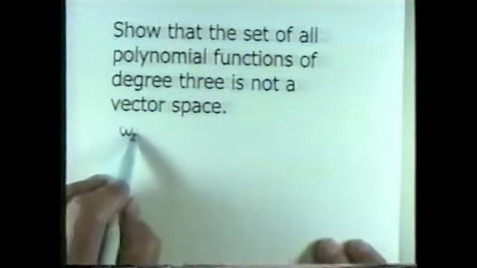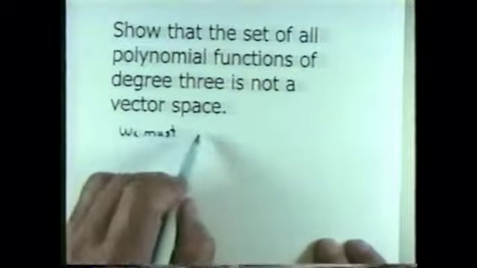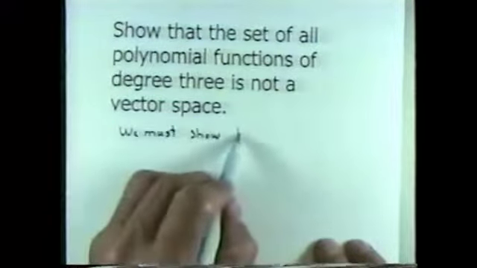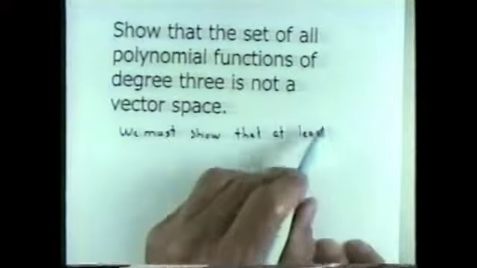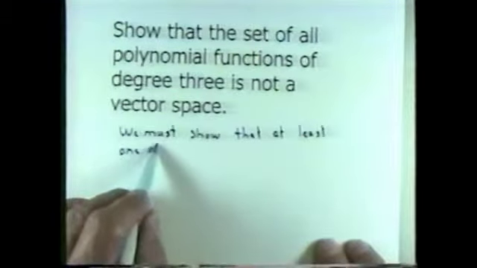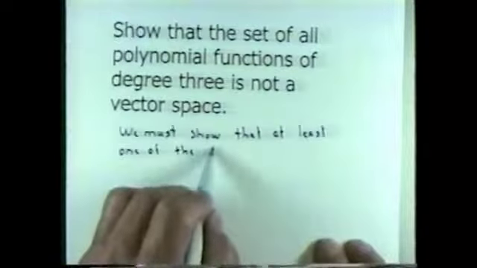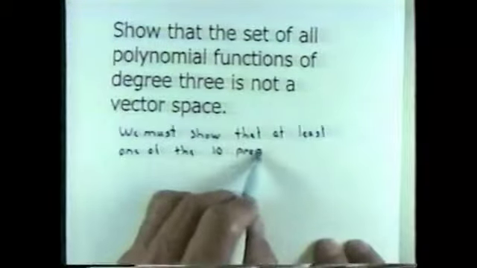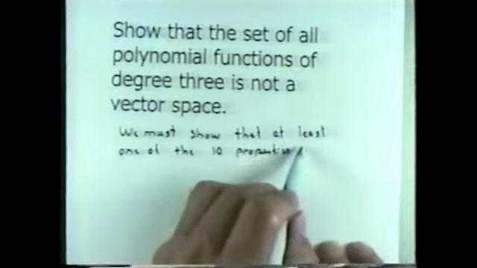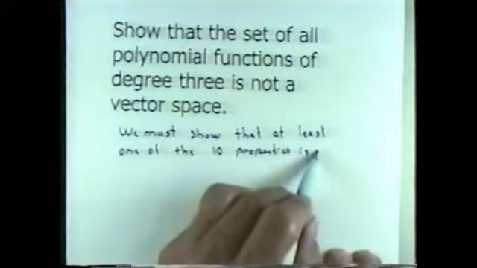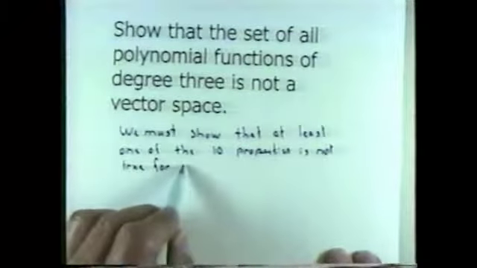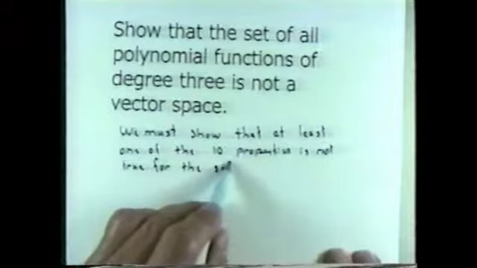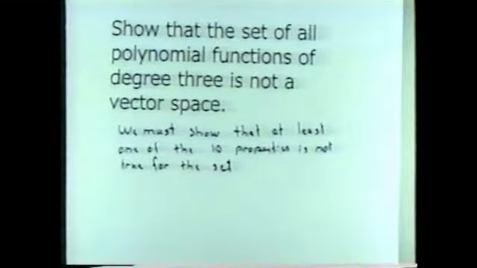So what we do, we must show that at least one of the 10 properties is not true for the set.